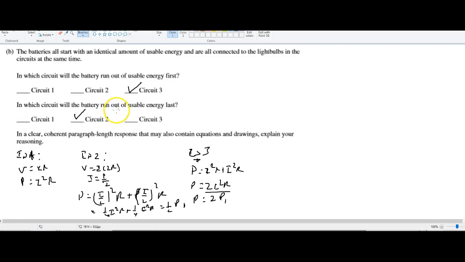Now, a paragraph length coherent response question: which of the following may contain equations and drawings? Explain your reasoning. Okay. So, my reasoning involves which one has the most power.